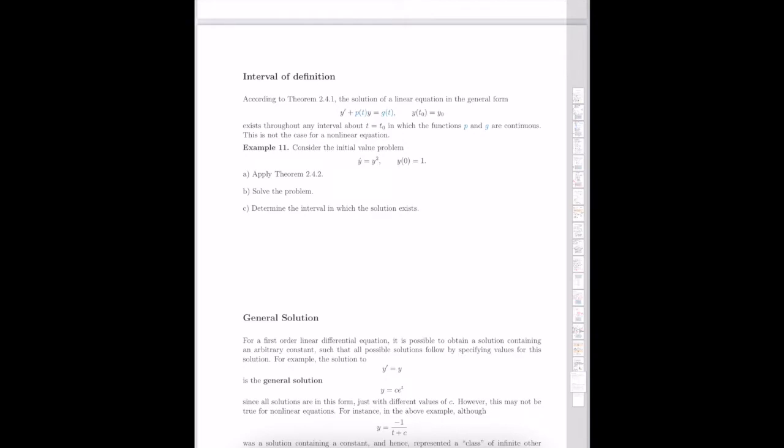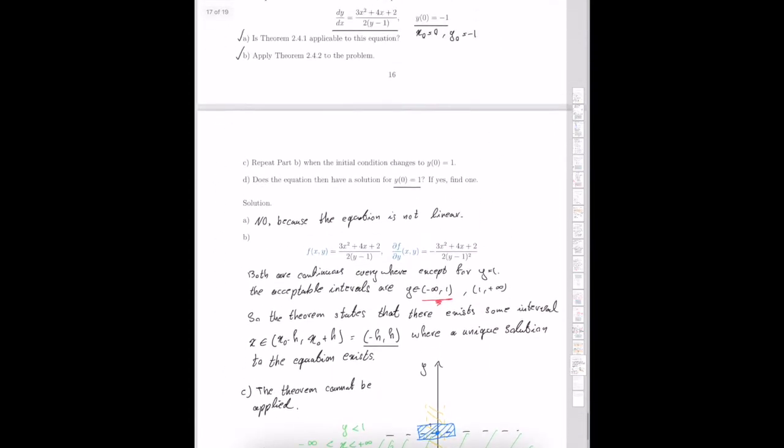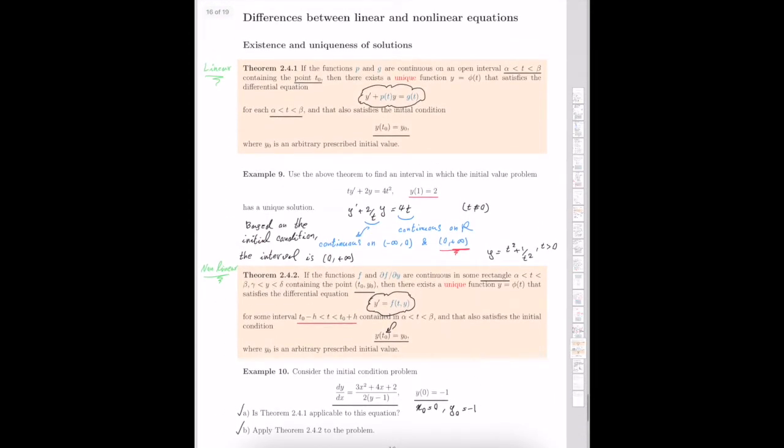So going back to the theorem we just presented for linear equations, we had these two intervals, t between alpha and beta, where both p and g are continuous, which is the same as the alpha beta, the interval where the unique solution exists.